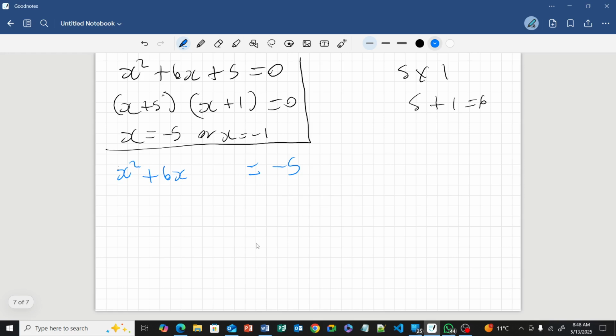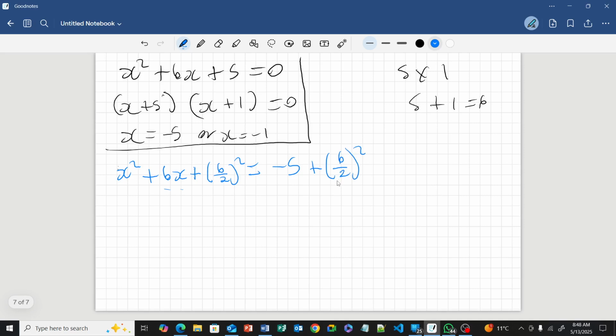Step number 2, you add half of the middle term, so 6 over 2, then you square it. Even this side we add 6 over 2, then we square it.